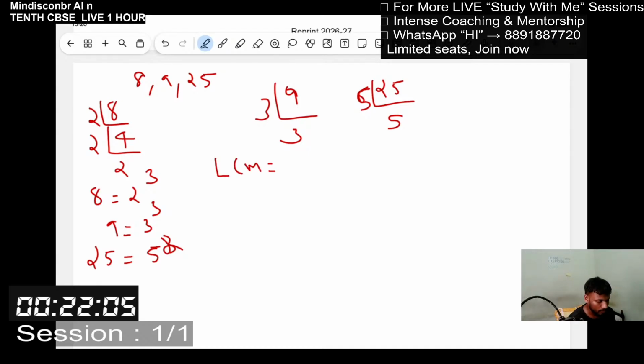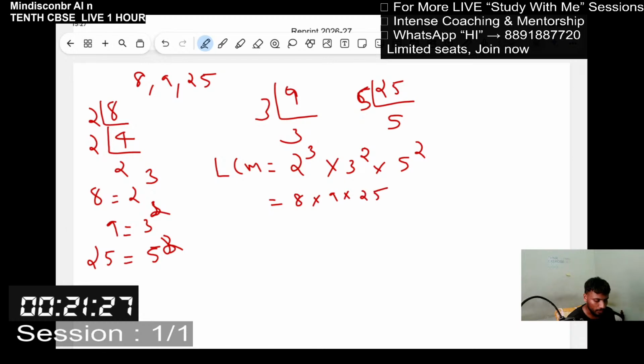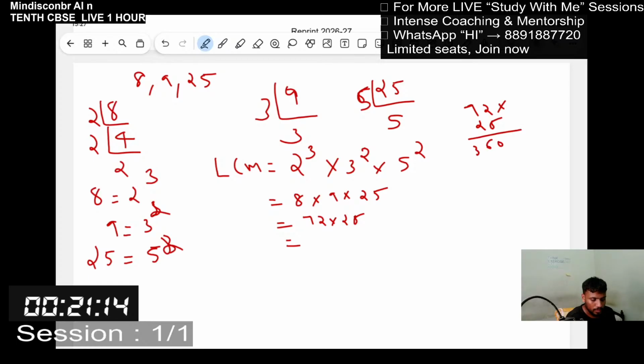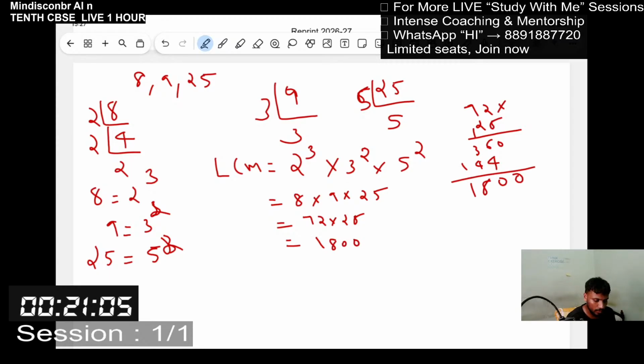So LCM is equal to 2 cube into 3 square into 5 square, that is 8 into 9 into 25. 8 into 9 is 72, into 25, that is 1800. 1800 is the LCM.